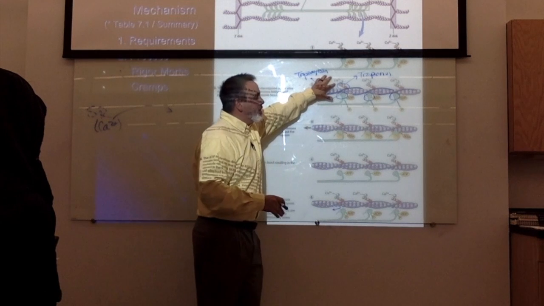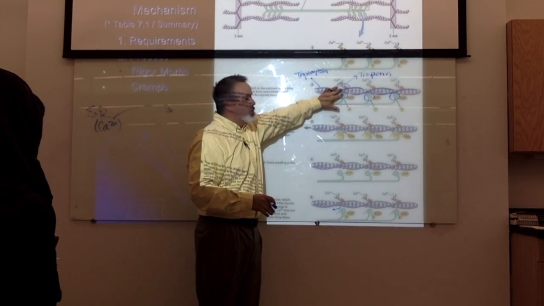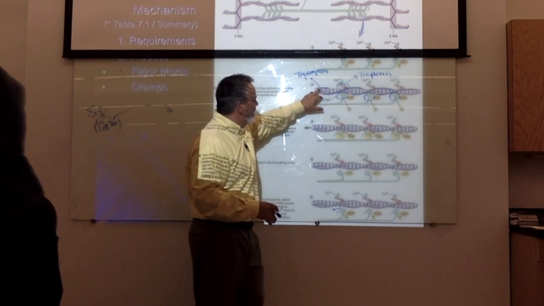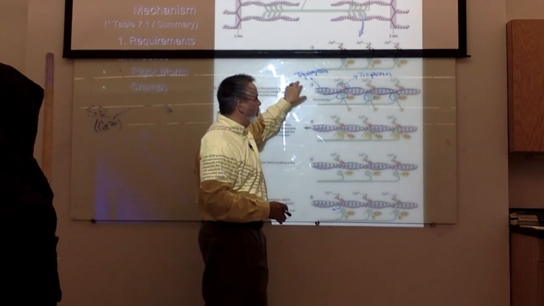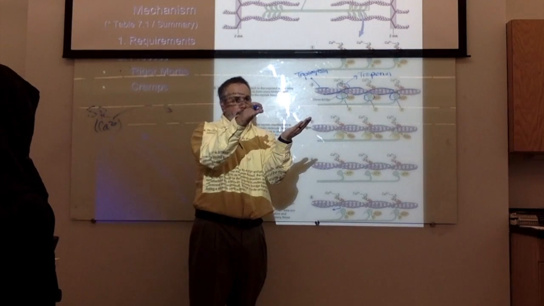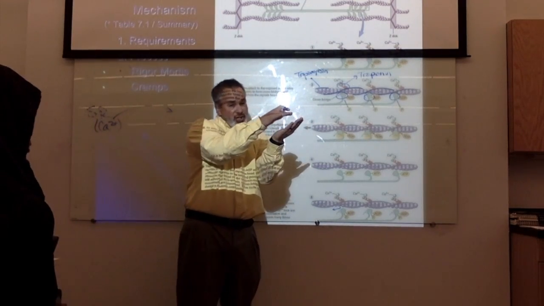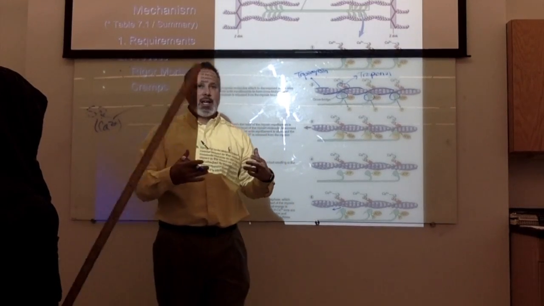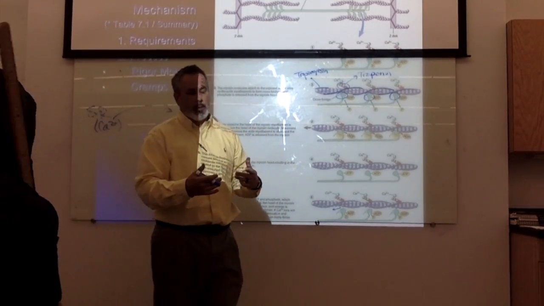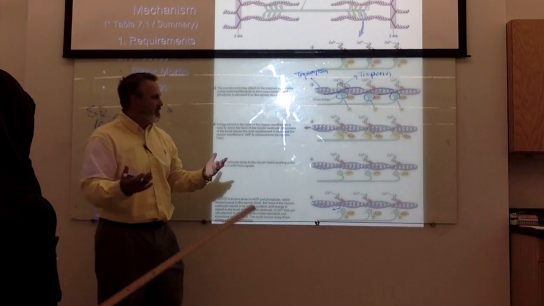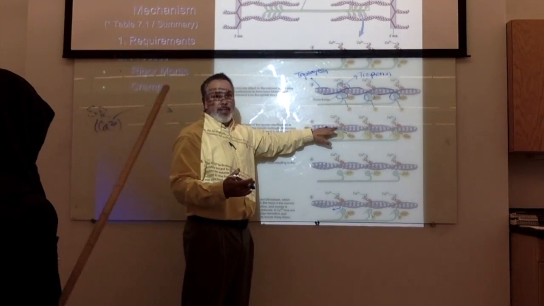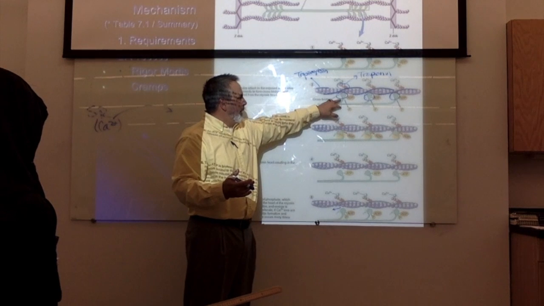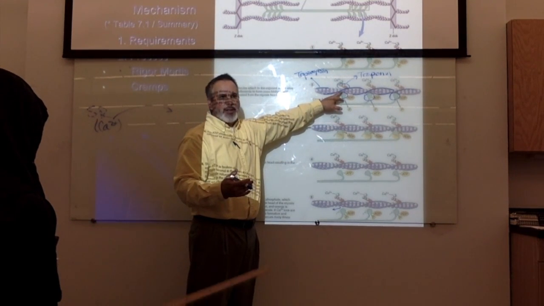So when calcium binds to troponin, okay, that causes this thread molecule, tropomyosin, to kind of shift. When it shifts, it exposes binding sites or attachment sites, two different ways to say the same thing, on actin. Okay? Now, myosin is then going to bind to those attachment sites.